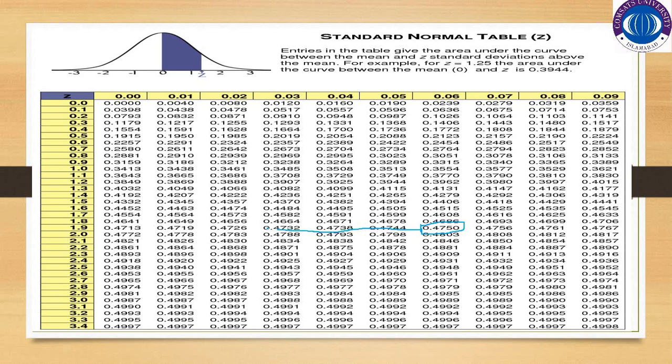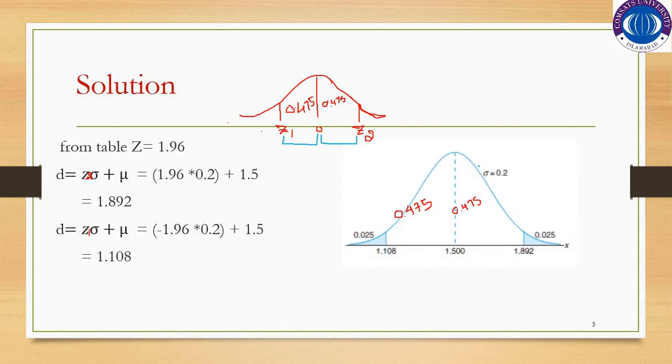Going this way, this is 1.9, and going this way, this is 1.96. So the value of z corresponding to this area, or probability, is 1.96. This value will also be 1.96, but with opposite direction.